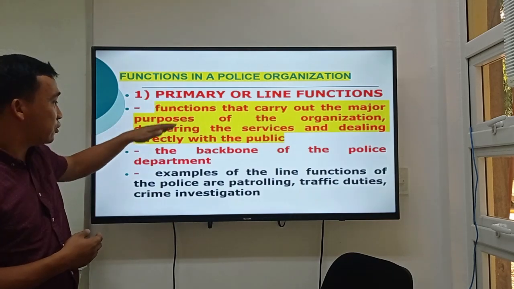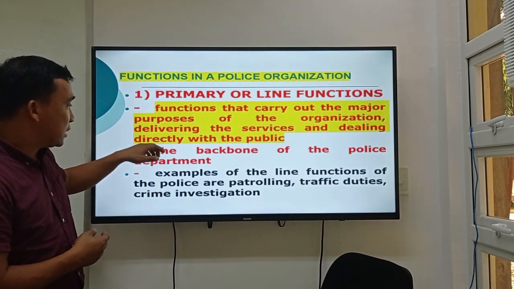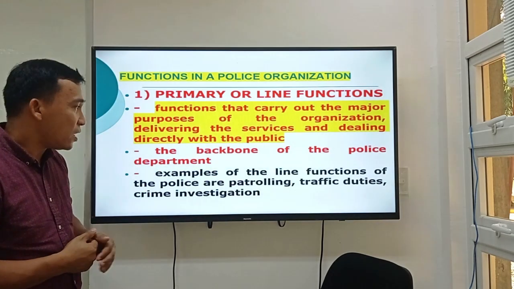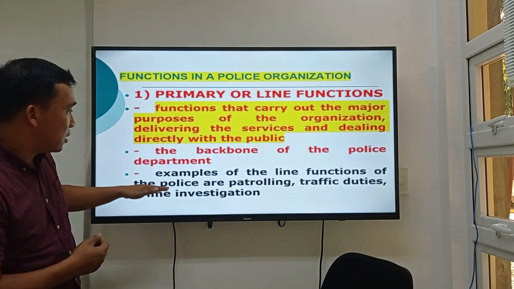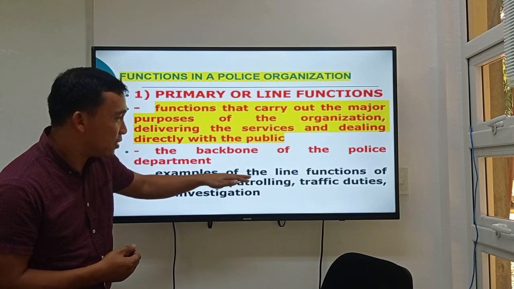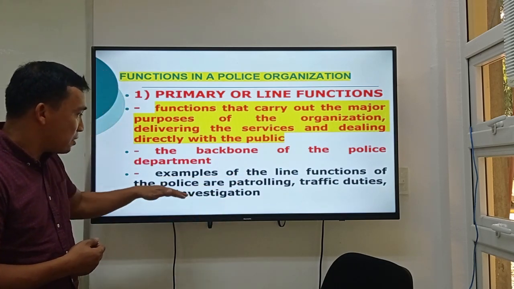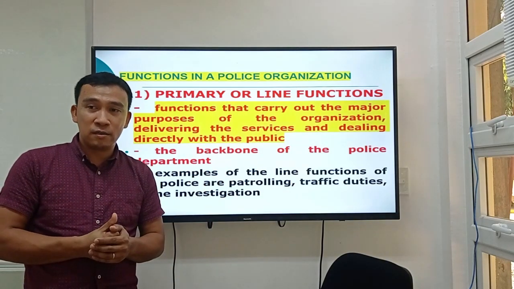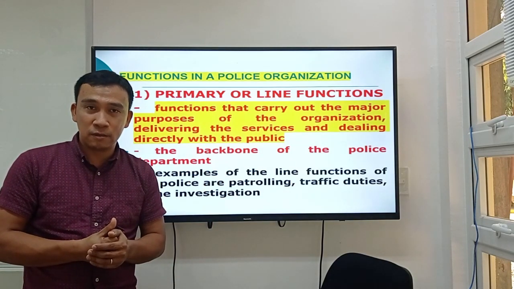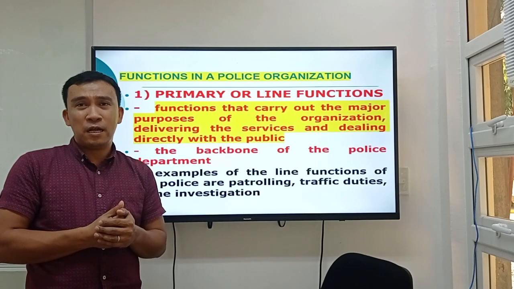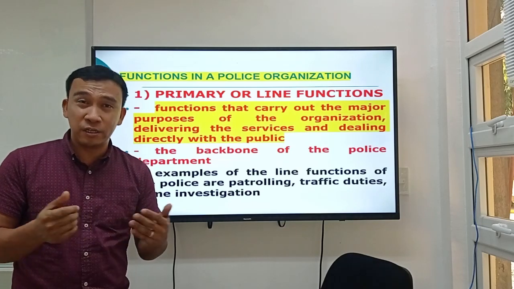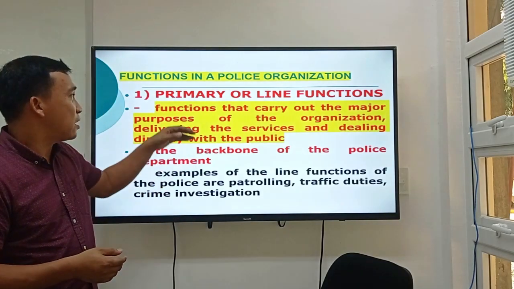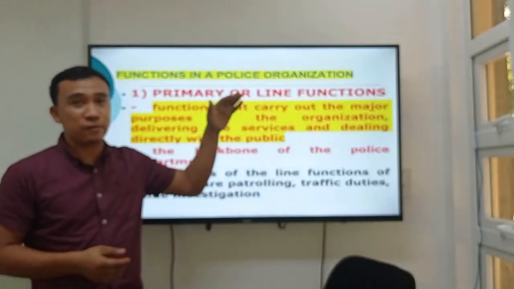And this function is the backbone of the police department. Examples are police patrolling, traffic duties, crime investigation, vice control job, or yung police community relation. Lahat ng yan ay trabaho ng primary or line functions.